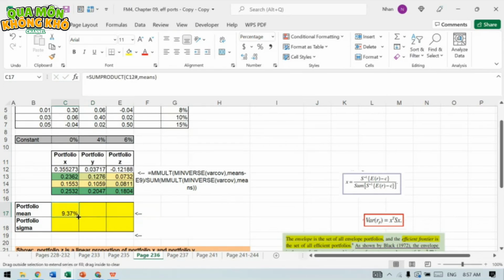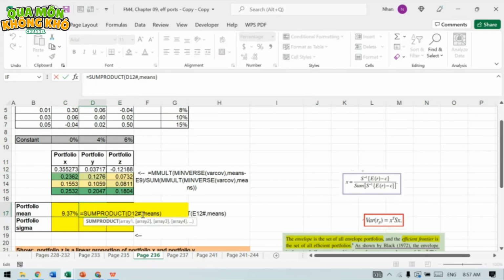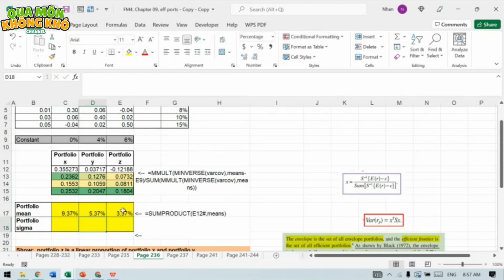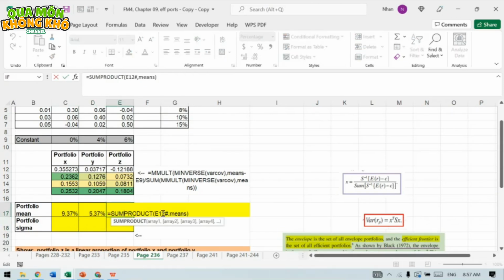Let's see whether dragging it over is okay. D2. Yes. No. To make sure, I will do it again.